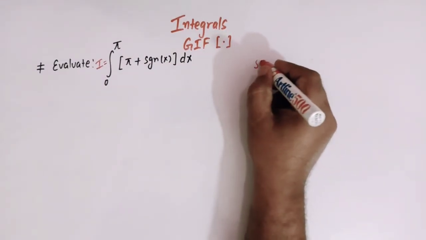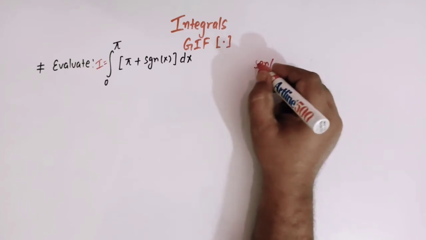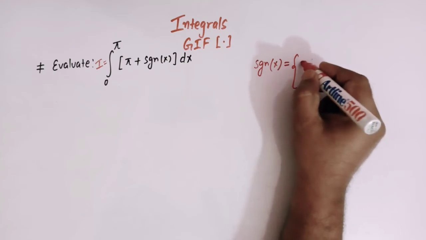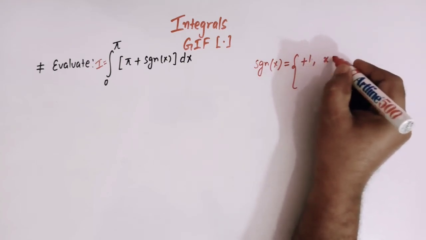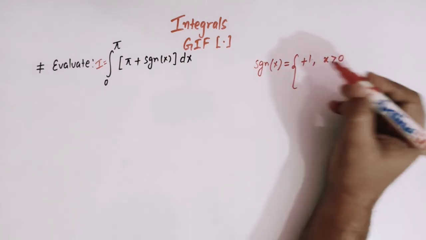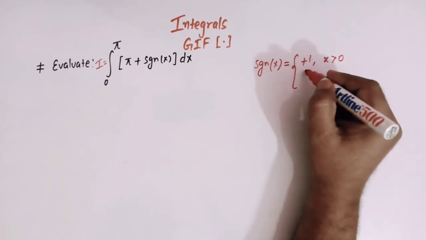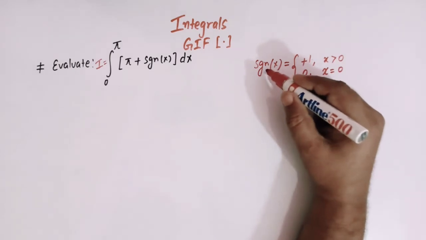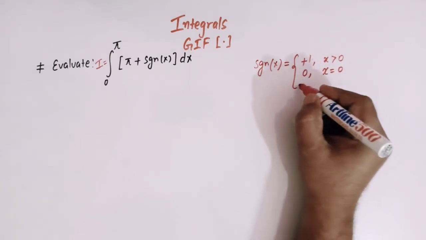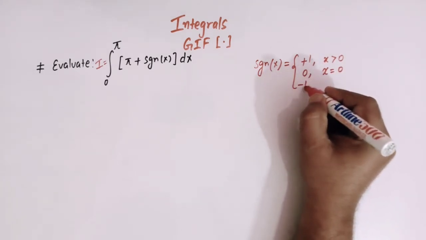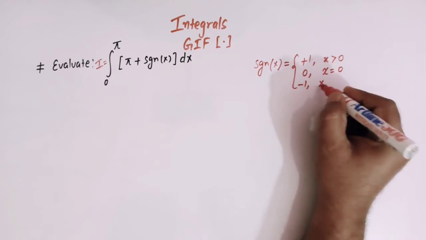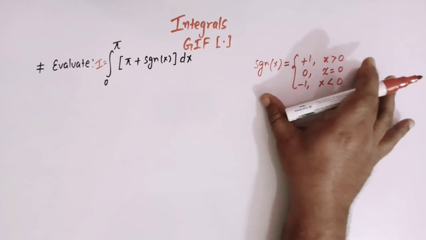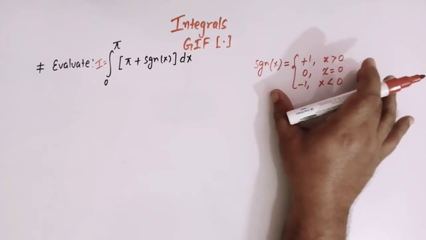Signum of x is equal to plus 1 whenever x is greater than 0, signum of x takes the value 0 whenever x is equal to 0, and signum of x takes the value minus 1 for all x less than 0. This is the definition of the signum function.